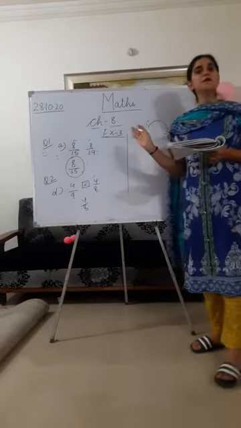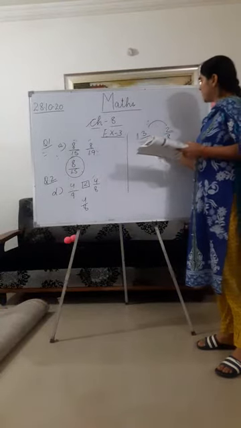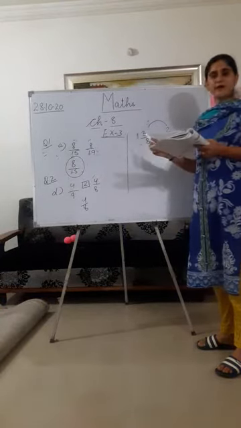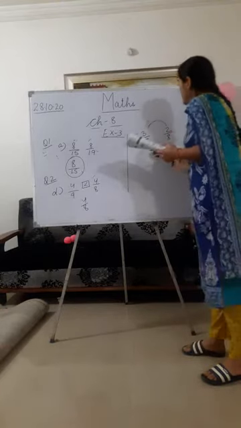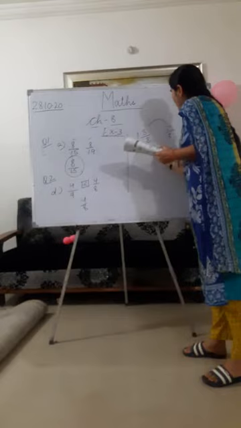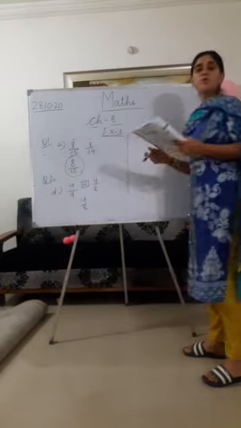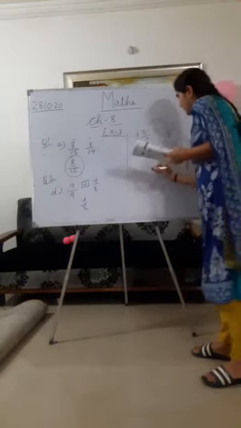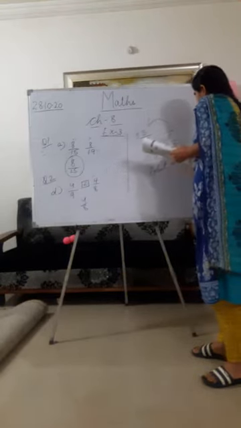So we will compare the numerators. So here 3 upon 8 is greater than 2 upon 8. Who ate 3 upon 8? Rohit. So who ate more? Rohit. So Rohit ate more cake.